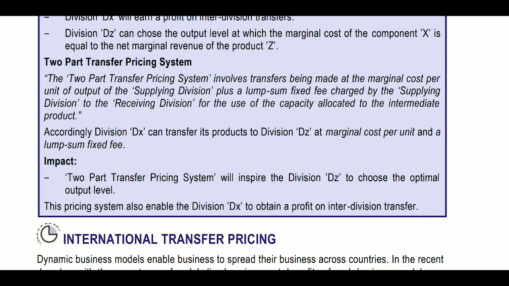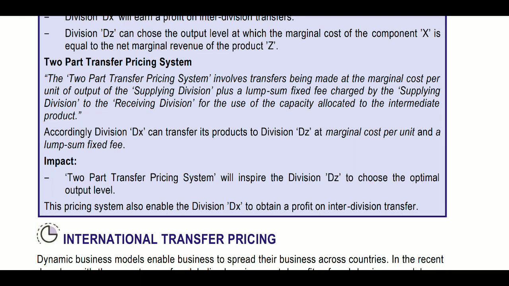This is related to what we discussed now, proposals for resolving transfer pricing conflicts. When we have pricing conflicts, then we will go for these two methods. One is the dual rate transfer pricing system, where they will use dual rates, one rate for each person. For the one transferring, we will add only a nominal profit margin plus cost, and the receiving person will show only the marginal cost.